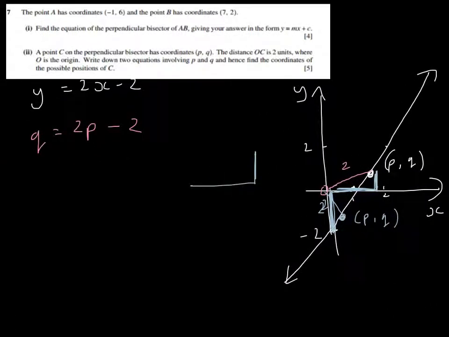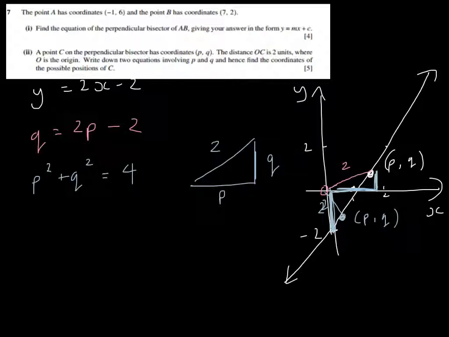Like this, which is across by P and up by Q, and we know the distance is 2. As an equation, that's going to look like this: P squared plus Q squared equals 2 squared, which is 4.